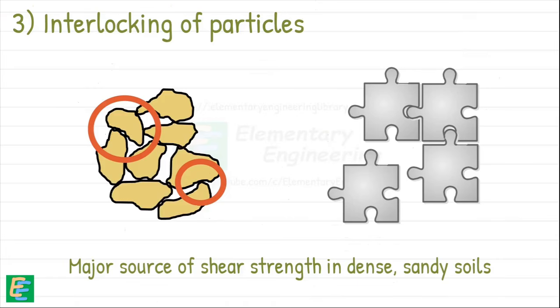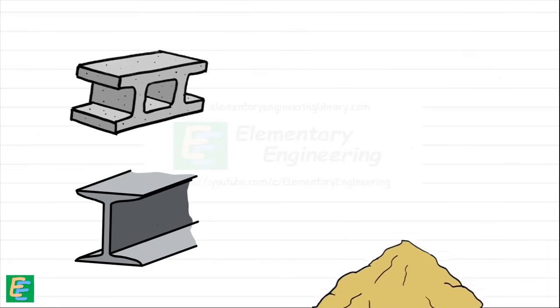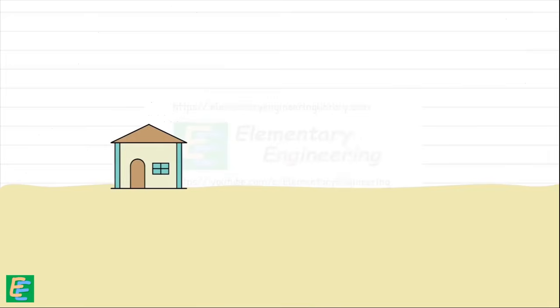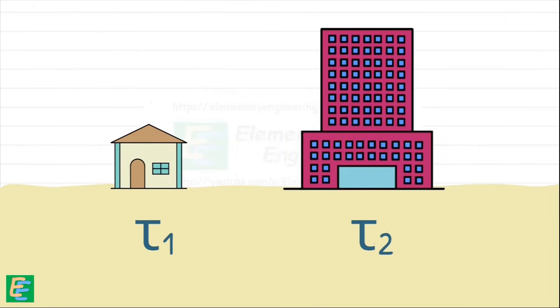But unlike other civil engineering materials such as steel or concrete, the shear strength of soil is not a function only of the material. It also depends on the stresses applied to it and how those stresses are applied. Same soil can exhibit different shear strengths under different field and engineering conditions.